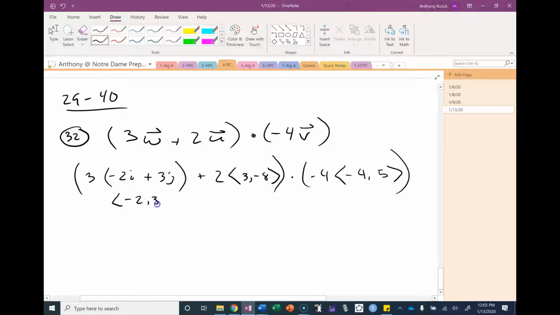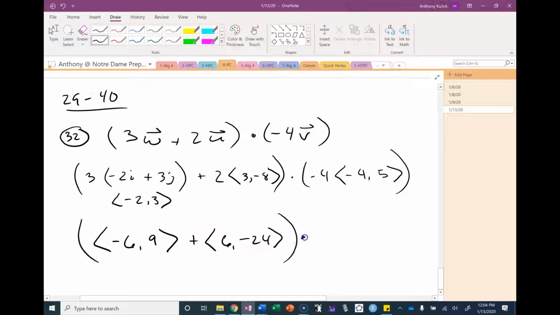So this is just the component -2, 3. The coefficient on the i is the x, and the coefficient on the j is the y. And the same thing goes for taking something from component form and putting it into unit vector form. Is that okay, Kendall? Okay. So now I'm going to do the scalar multiplications. I don't need that parenthesis anymore.